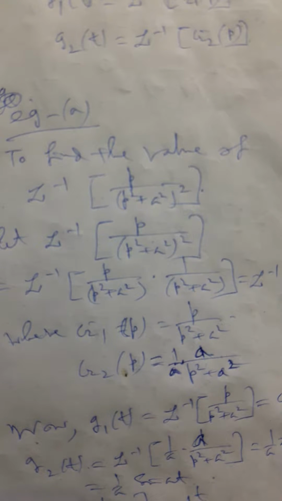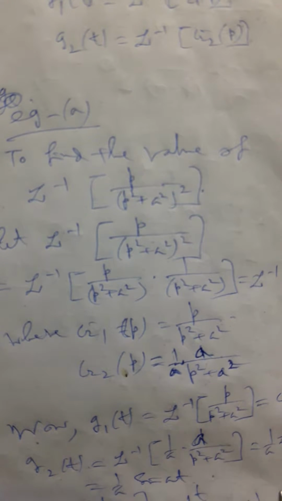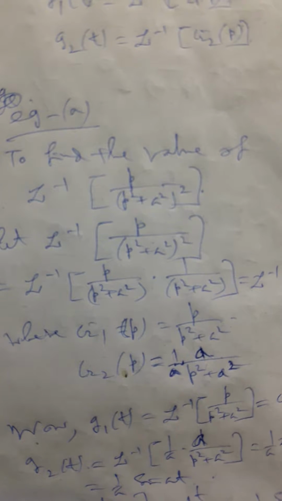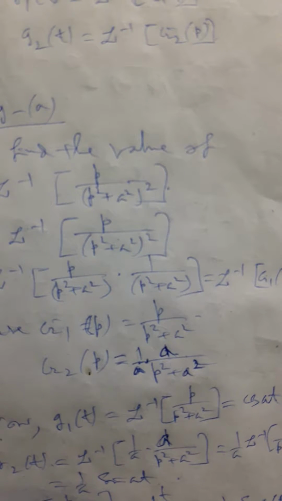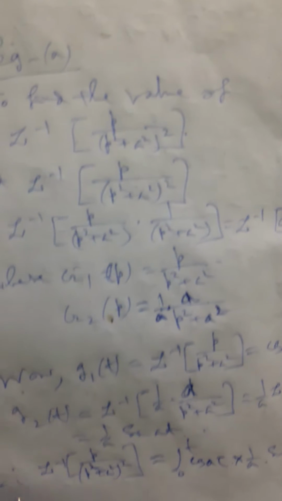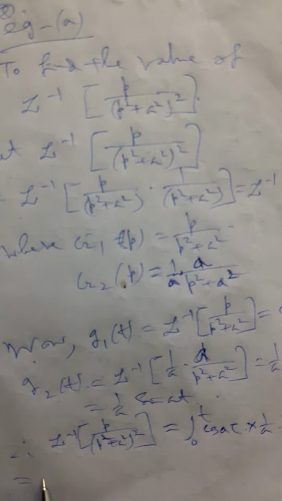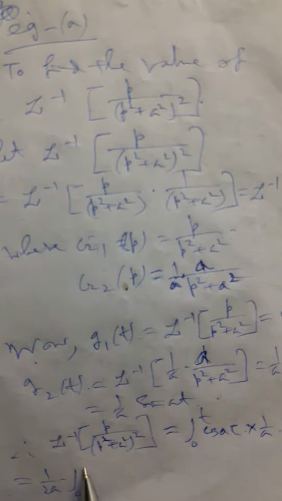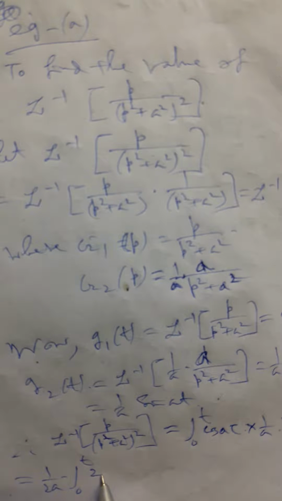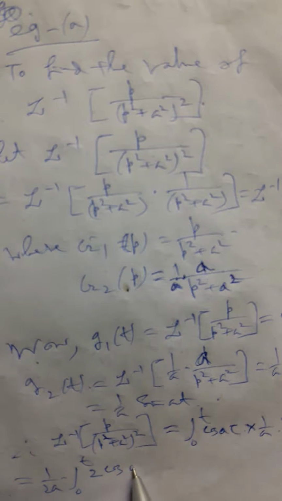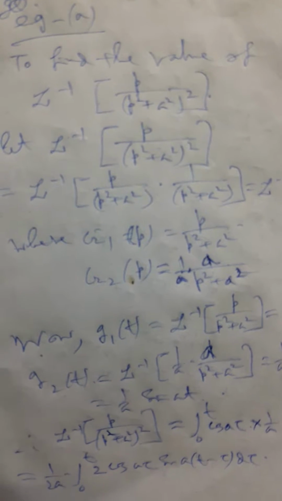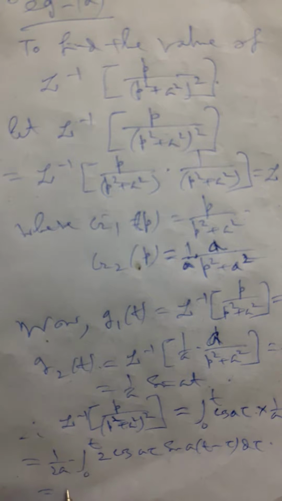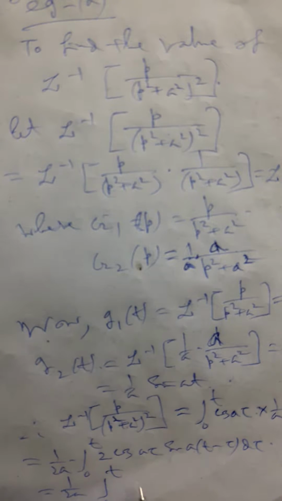We substitute and multiply 1 by a sine a(t minus tau) d tau, which is equal to, using the product formula in general trigonometry, 1 by twice a integral 0 to t of 2 cos of a tau sine of a into (t minus tau) d tau.